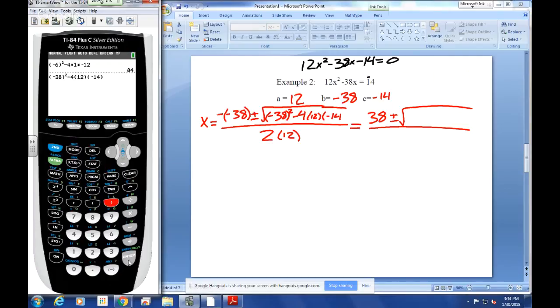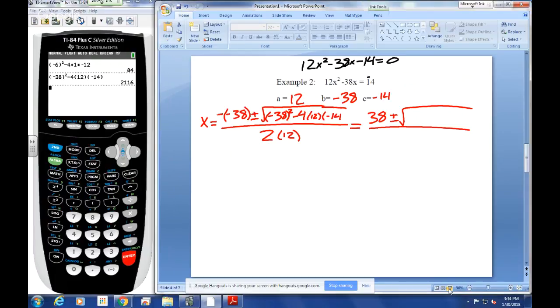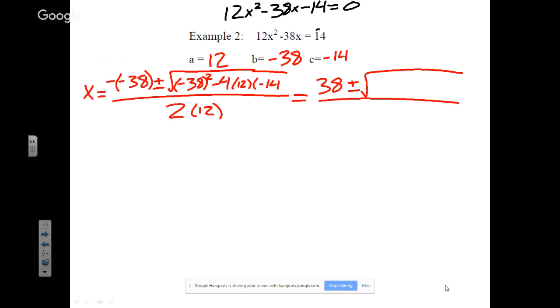Then we just hit enter. That'll give us, for our discriminant, 2,116. And we have all of that divided by 24.